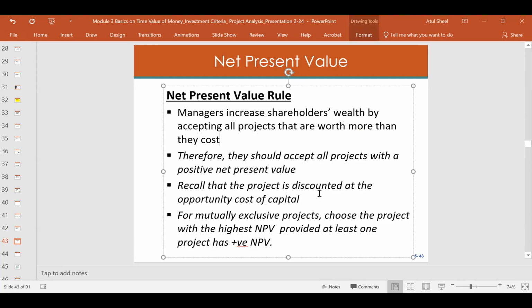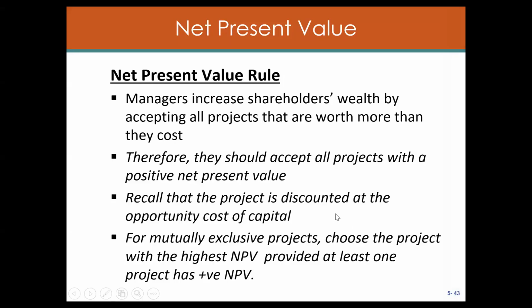Recall that the project is discounted at the opportunity cost of capital. And for mutually exclusive projects that are not related to each other, choose the project with the highest net present value, provided at least one of those projects has a positive net present value. So always choose the higher NPV. And of course, it should be positive. Got it? So these are some basic rules of net present value.